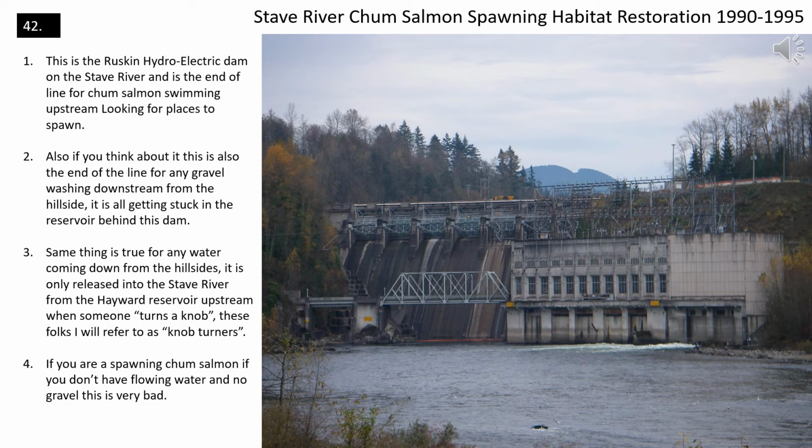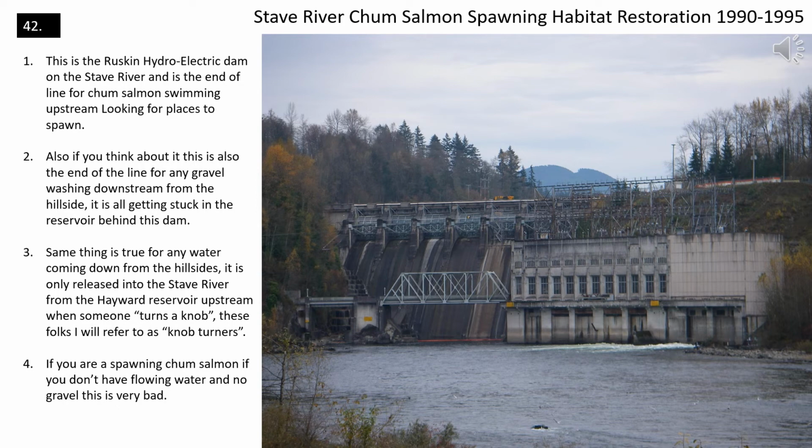That gravel does not wash downstream. So historically, the Stave River had another fishing pass about 10 kilometers up. So all the tributaries below that dam would have naturally replenished the gravel in the lower Stave River. That does not happen. So dams stop the movement of gravel.